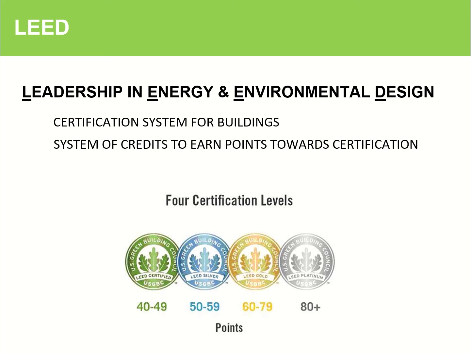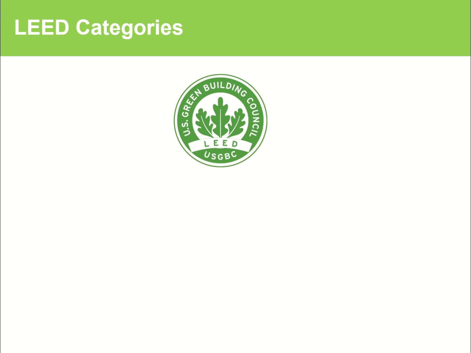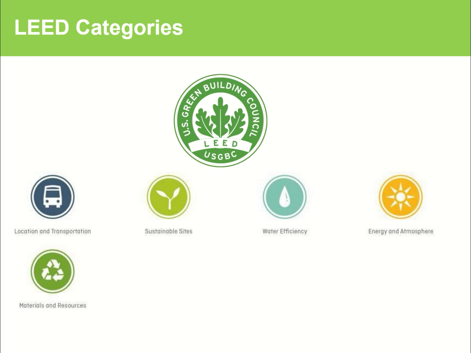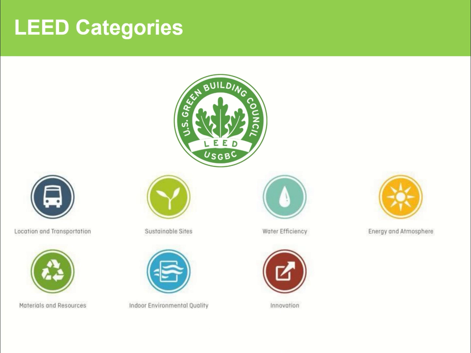The way these points are certified is by rating a building according to different categories. These categories include location and transportation, sustainable sites, water efficiency, energy and atmosphere, materials and resources, indoor environmental quality, innovation, and regional priority credits.